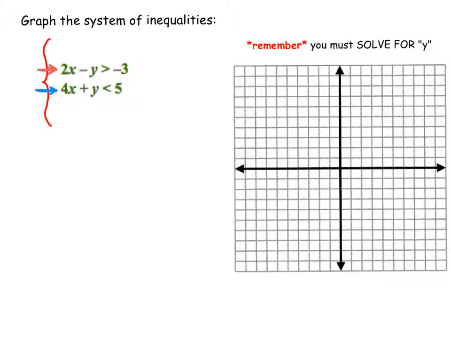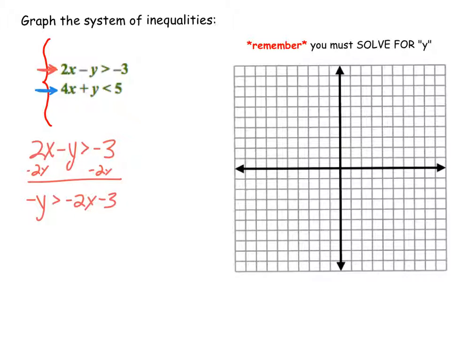So remember, when we graph an inequality, just like systems, we're going to do one at a time. And so I have 2x minus y is greater than -3. And just like in the last slide, we have to solve for y first. Nothing changes. Minus y is greater than minus 2x minus 3.